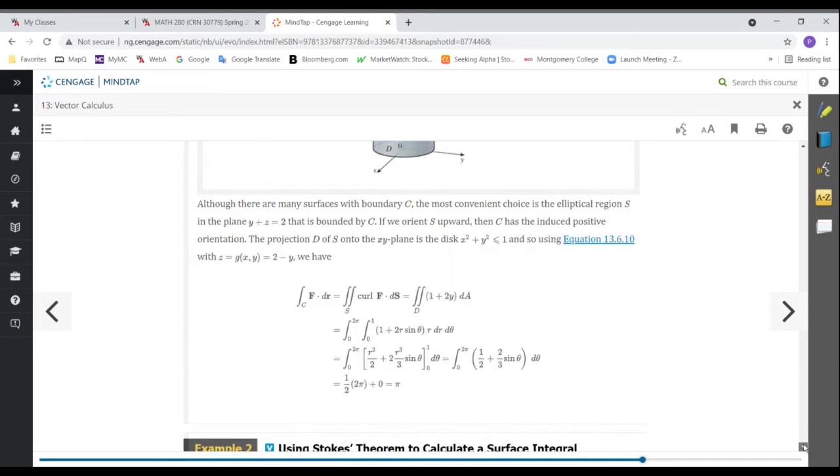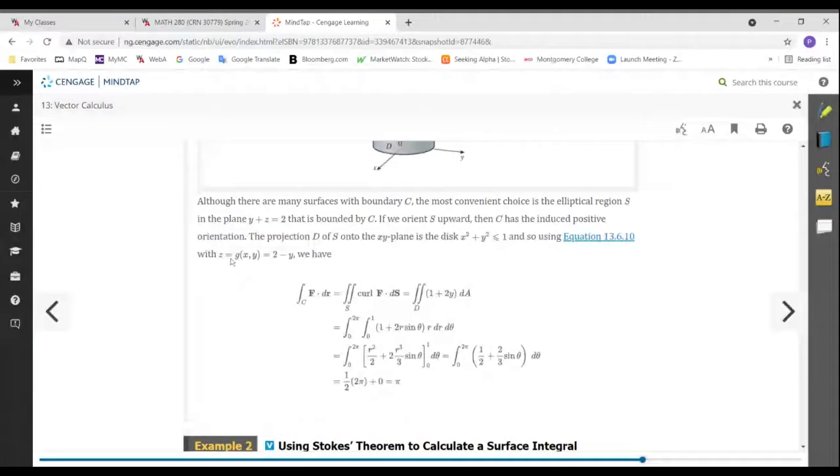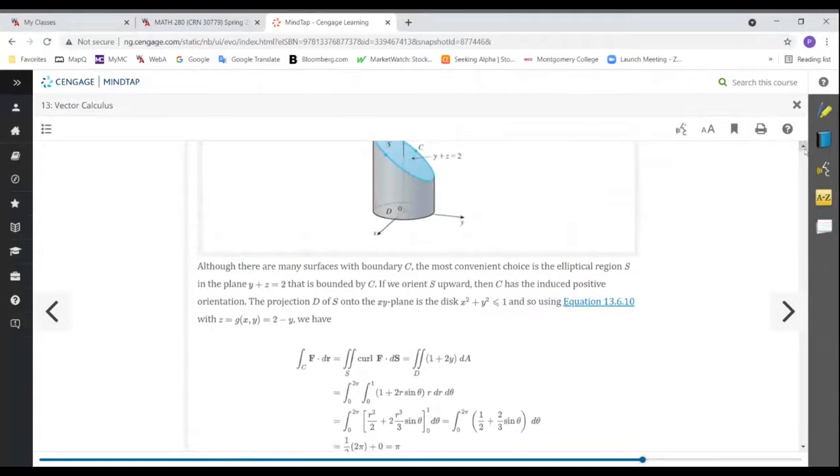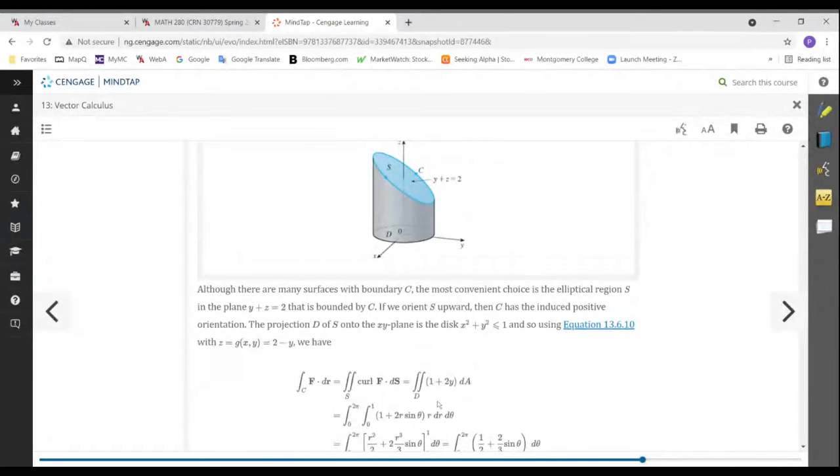All right. What they're doing is using equation 13.6.10, because you can write the surface as a graph of x and y.